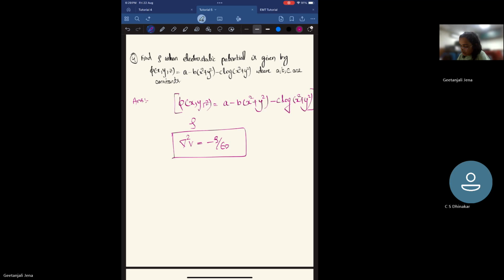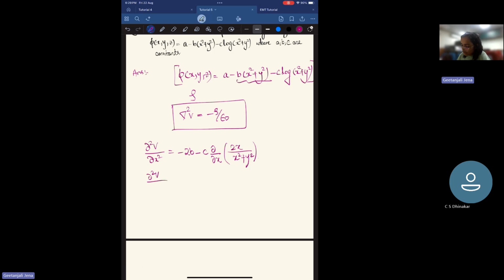So del square V or phi, you can take whichever you want, dou square by dou x square. This will give minus 2b minus c dou by dou x of 2x by (x square plus y square).